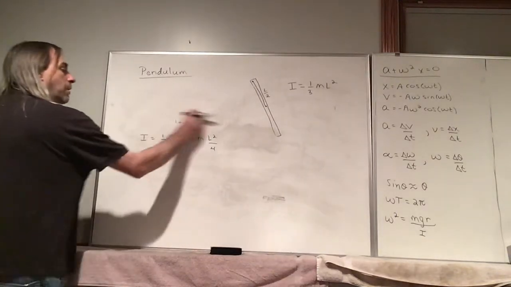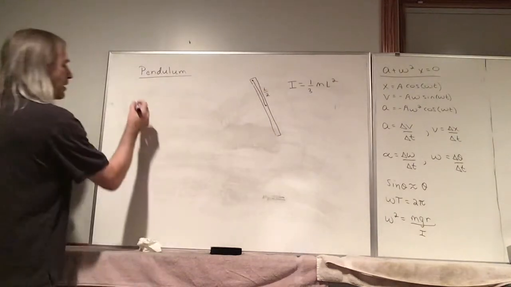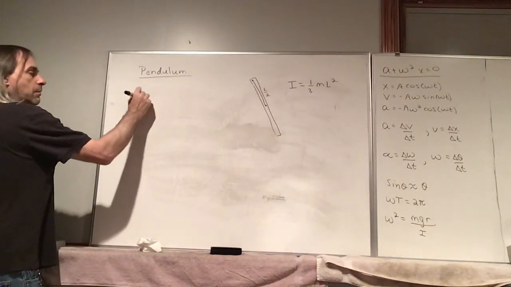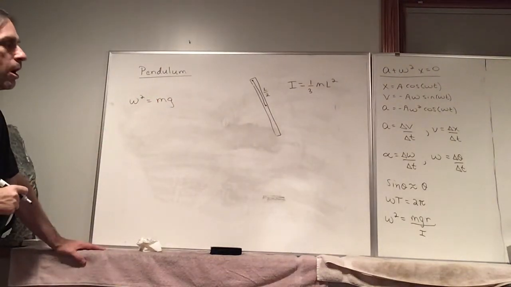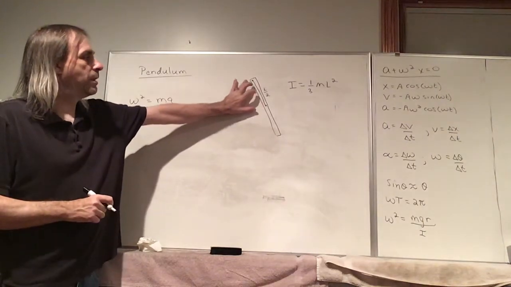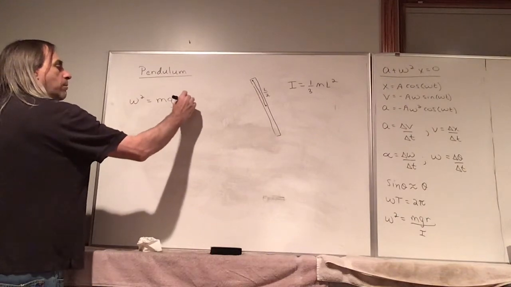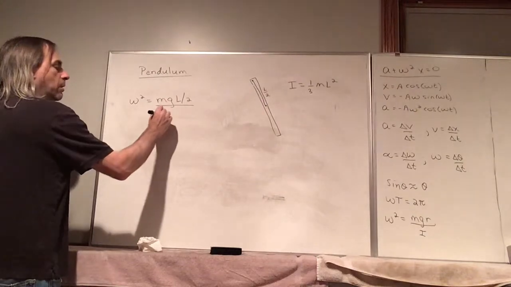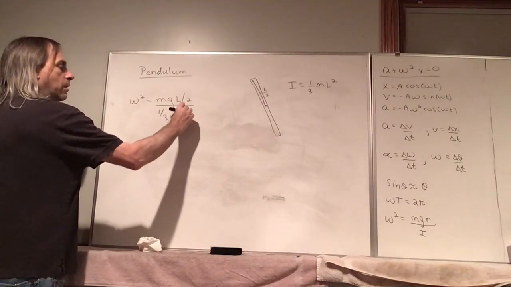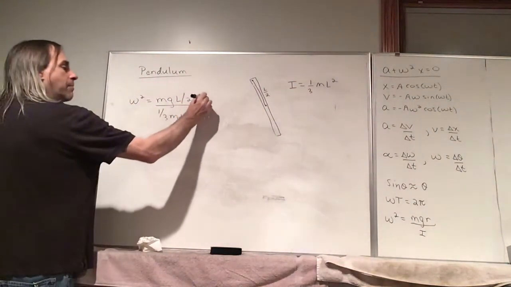Okay, so let's plug things in. So omega squared is mgr, where r is this distance from the axis of rotation to the center of mass. So that would be L over 2. And then we divide by the moment of inertia, which is 1/3 ml squared. So we have to clean this up a little bit. First, let's multiply the top and bottom by 6.